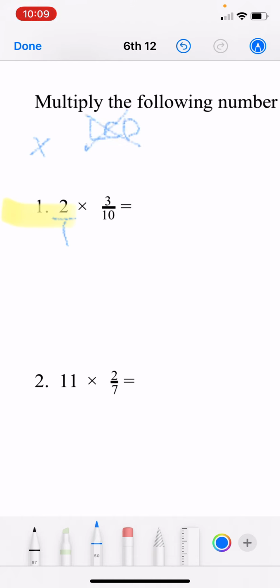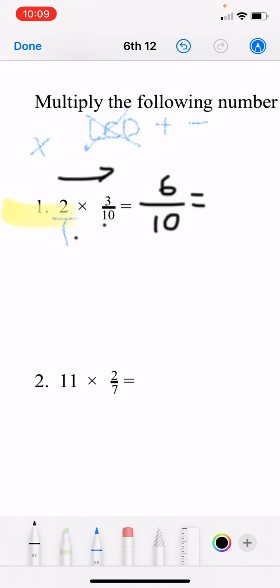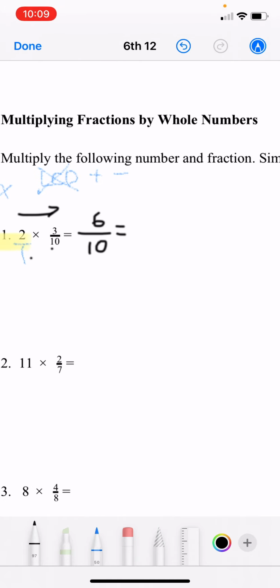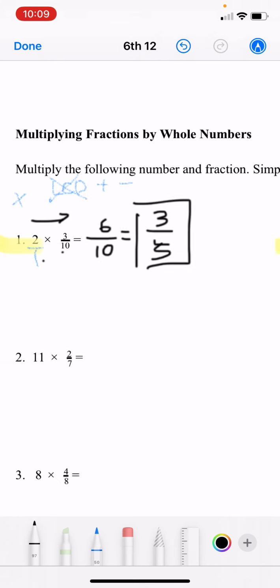No, we don't. That's for addition and subtraction. So we just have to multiply across. 2 times 3 equals 6, and 1 times 10 equals 10. When we simplify that, we get 3 over 5, because you divide by 2.